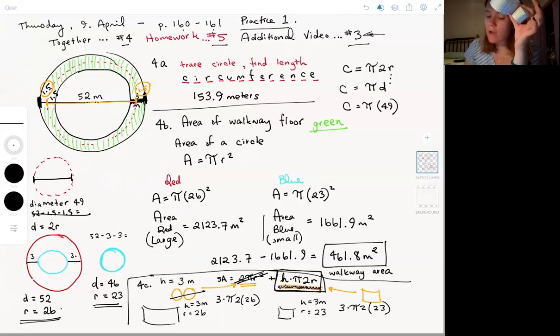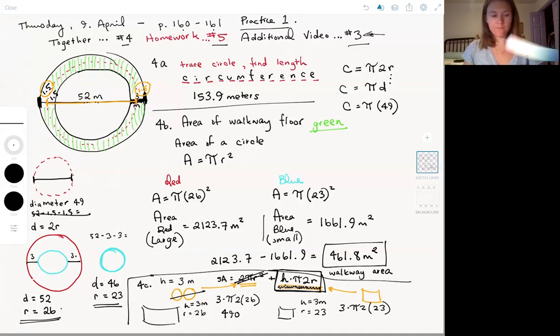Okay, now I calculate, and I get 490 on my large cylinder. So that is the area of this rectangle.